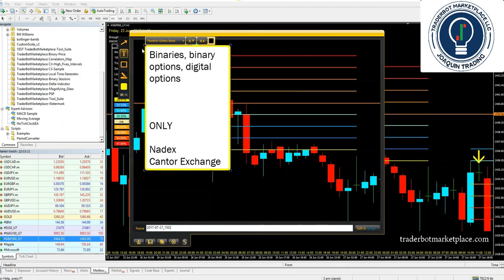Anybody other than Nadex or Cantor Exchange, sorry, they're fake. You might have something like maybe one contract on a CBOE or something like that. Maybe some people do get their money back from these offshore bucket shops. Whatever, there's exceptions to the rule there. However, in my opinion, they're all fake. I'm not trading them. It's not real.